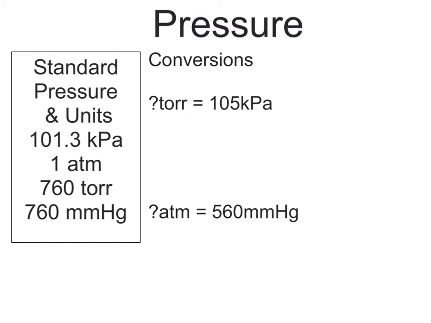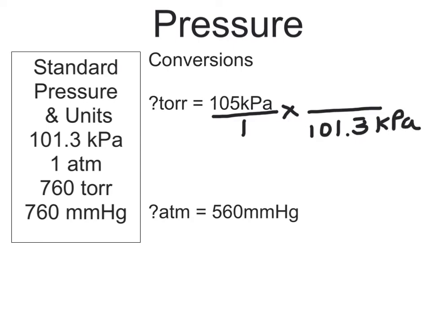We start by taking our given unit, 105 kilopascals, and we place it over 1. I want kilopascals to cancel out, so I'm going to look at my chart and I see that for kilopascals my value is 101.3. So on the bottom of my next fraction I write 101.3 kPa. Now I am changing to torr.